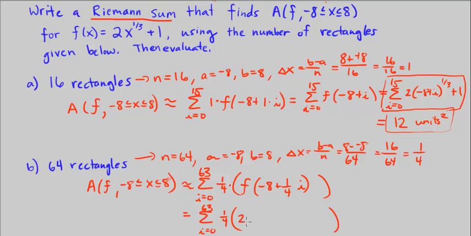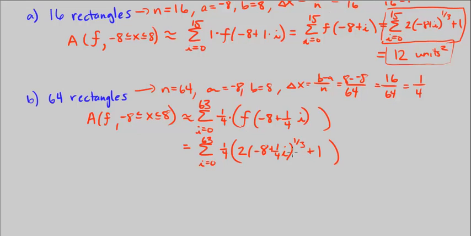So we have 2 times (negative 8 plus 1/4 i) to the power of 1/3, and we still have plus 1. Make sure the 1/4 is outside of the parentheses, because the whole thing here is f of this, that's the input. So we can plug this directly into our calculator.